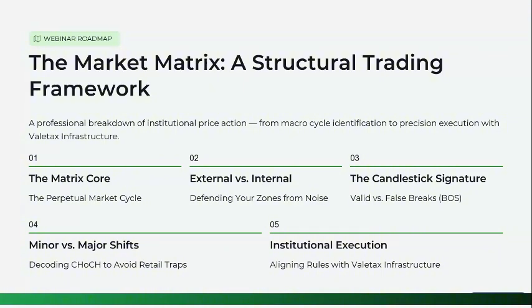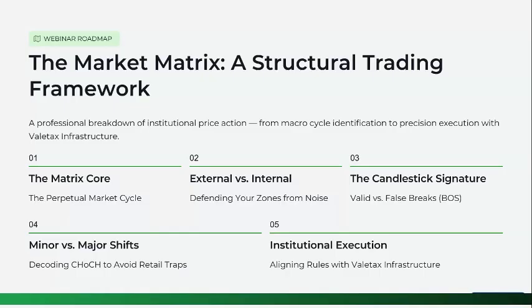You can see this is a breakdown of what we are going to cover today. Institutional price action, how to think like the institutions, how to move like the institutions, the movers of price action, in other words. So this is not about indicators or guesswork. It's about understanding market structure. We're going to walk through 5 core pillars.